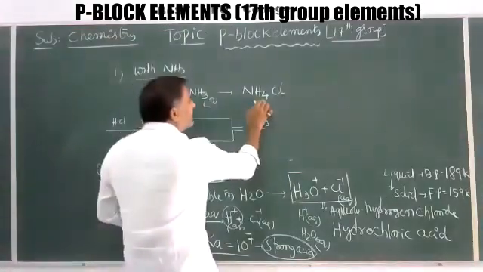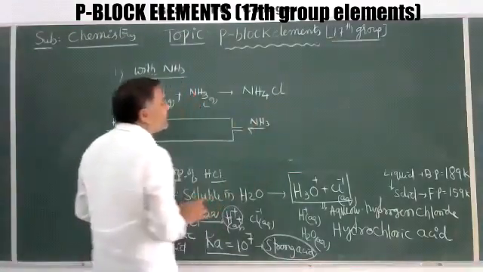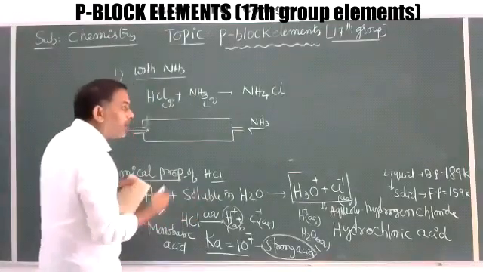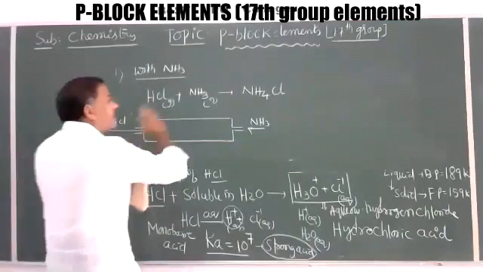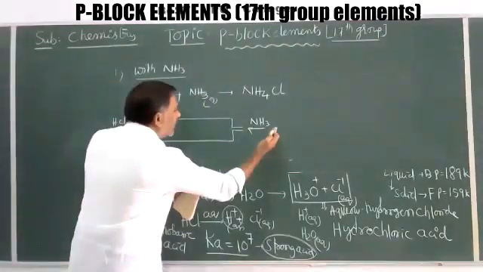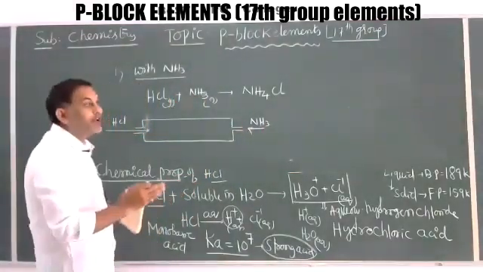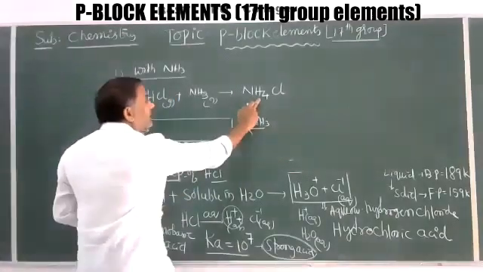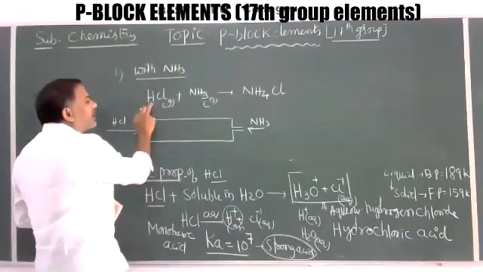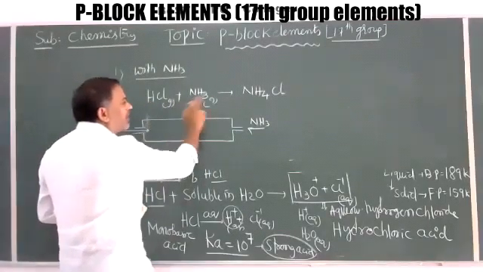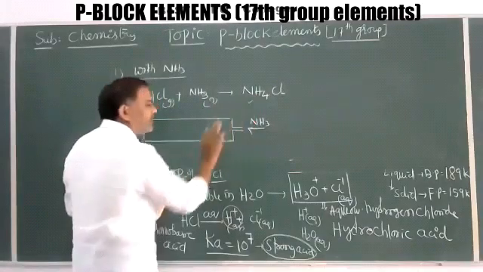White dense fumes of ammonium chloride are formed nearer to the hydrogen chloride end or the ammonia end. Here hydrogen chloride and ammonia react with each other and form ammonium chloride, no doubt.